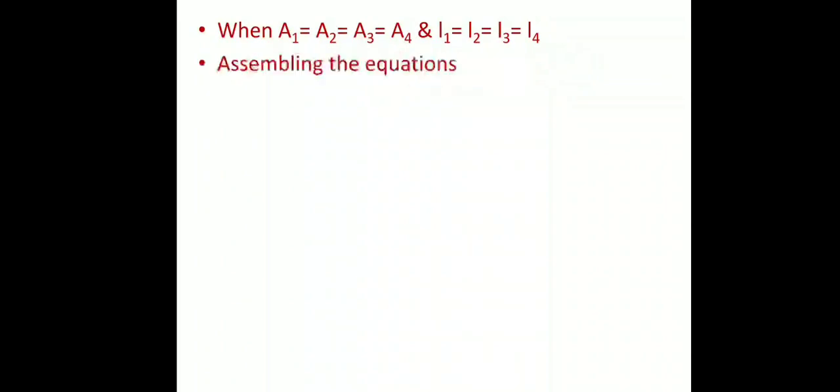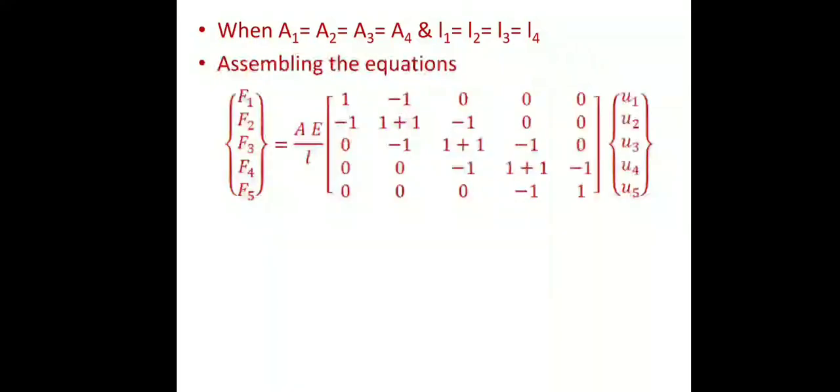Assembling the equations, we can write the nodal forces F1, F2, F3, F4, F5 as the global stiffness matrix times the nodal displacements U1, U2, U3, U4 and U5.